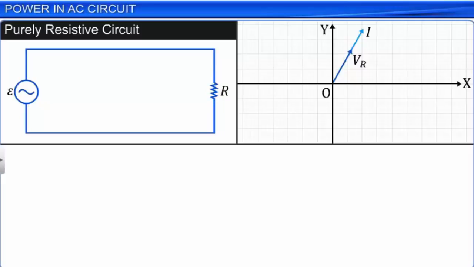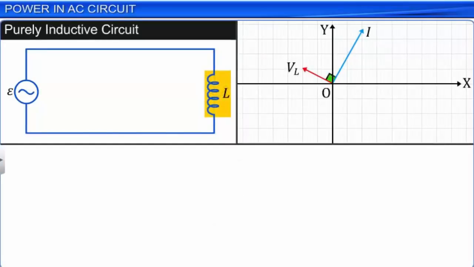In this case, since the phase difference between the AC voltage across the resistor VR and the current I is 0, that is, the value of cos phi is 1. It implies that the power factor is maximum or unity. Hence, power dissipation is the highest in a purely resistive circuit.